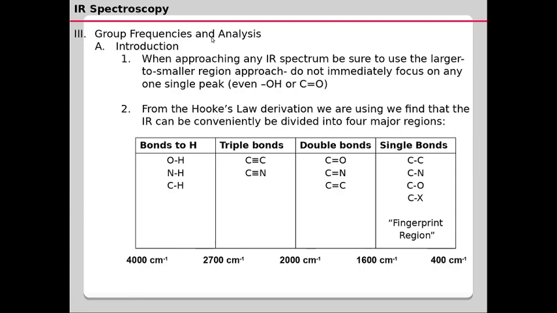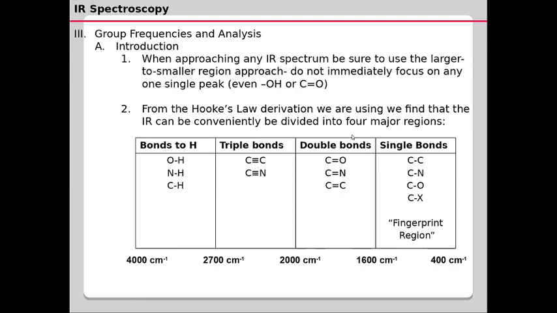In order to make this process easier, we're going to divide the vibrational frequencies into certain separate regions, which we have already seen when we discussed the fingerprint region as well as the group frequency region.